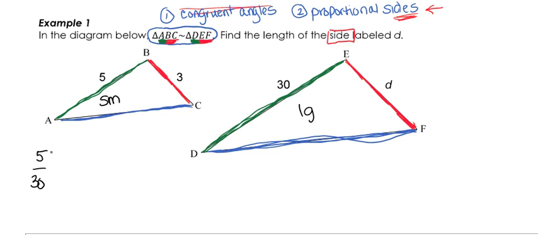And because I compared smaller to larger in my first ratio, then when I go to write my second ratio, I'm also going to compare smaller to larger. I'm going to compare red sides because if I look at the blue sides in the triangle, I don't have any side lengths, nor do I want to find any. So smaller over the larger for the first ratio, smaller over the larger for the second ratio.